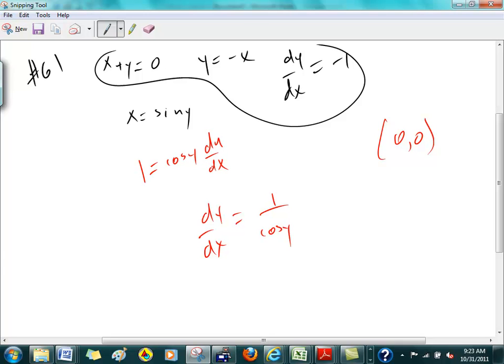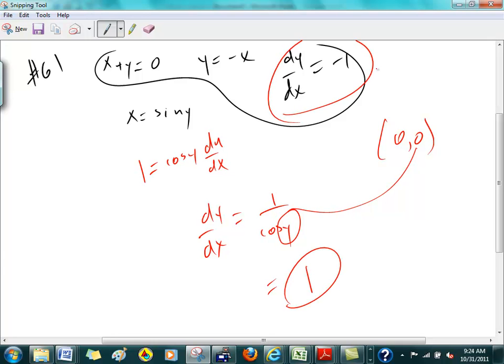So if you put y equals 0 in here, what is dy by dx equal to? What's cosine of 0? 1. What's 1 over 1? So these two slopes are orthogonal. Remember, this is the slope of a tangent line, and this is the slope of the other tangent line.